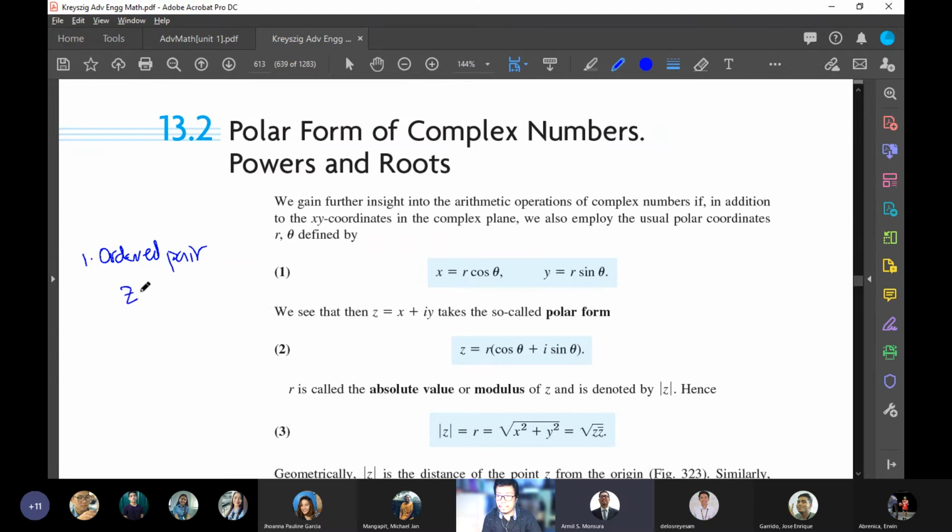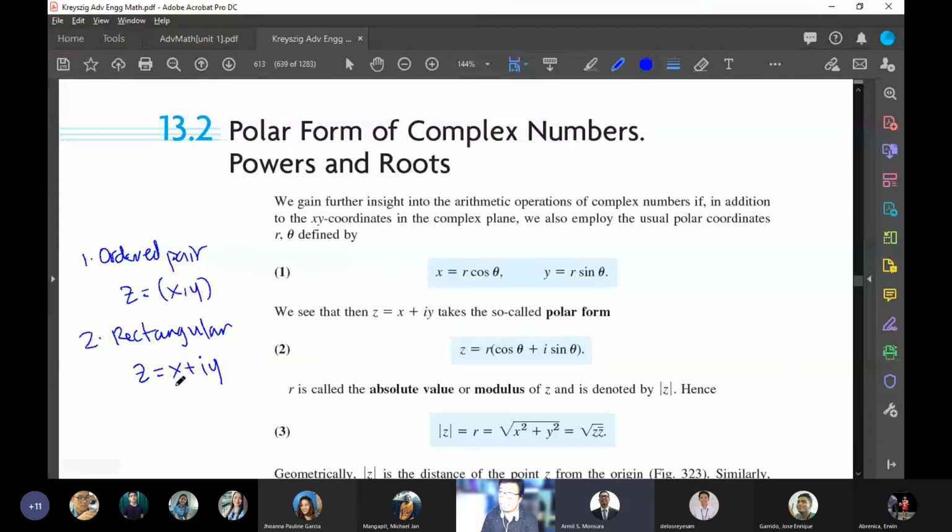We have z equals x, y. And then number two is the rectangular form, z equals x plus iy. Those are the two forms of complex numbers that we were able to study so far.